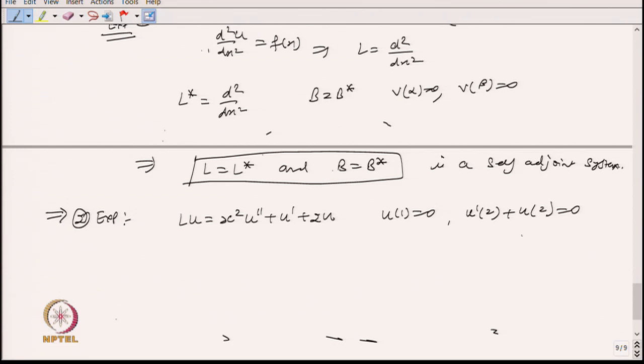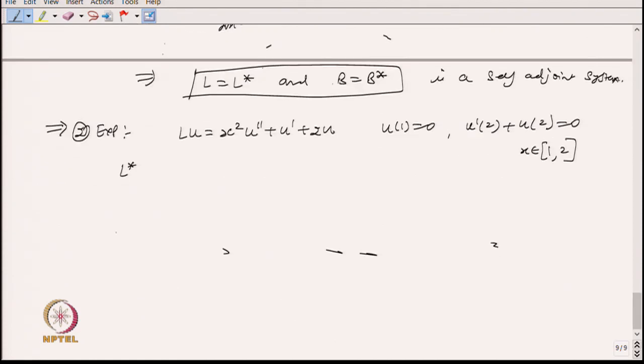So, in this case I can say that my x belongs to 1 and 2. So, this is my corresponding linear operator. Now, from here I want to find out what will be the L star. So, now I will define this one. So, let us see this one.